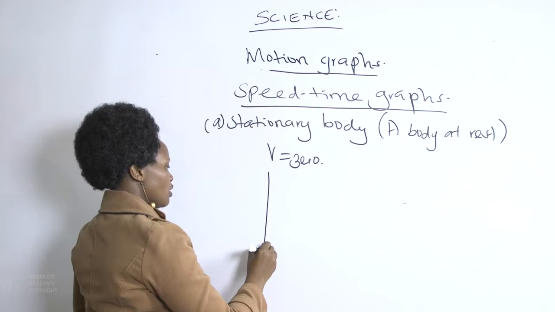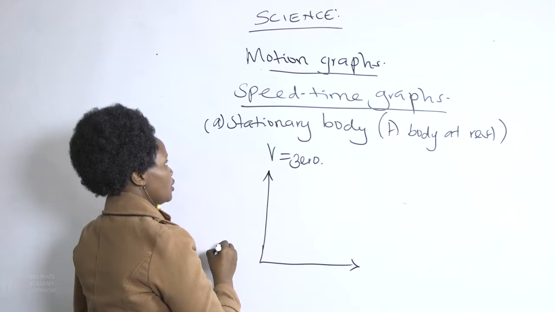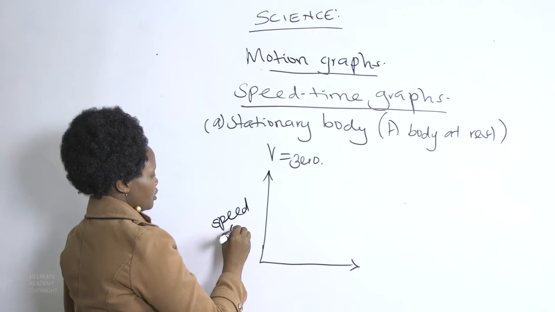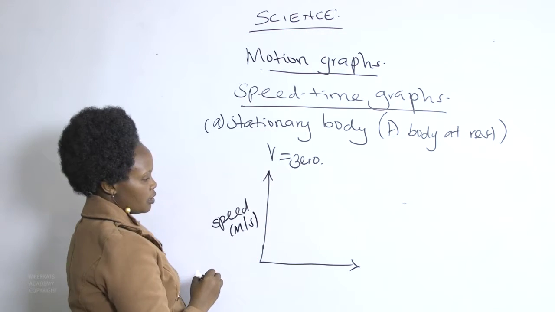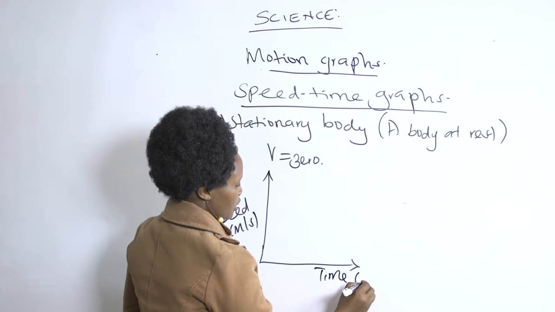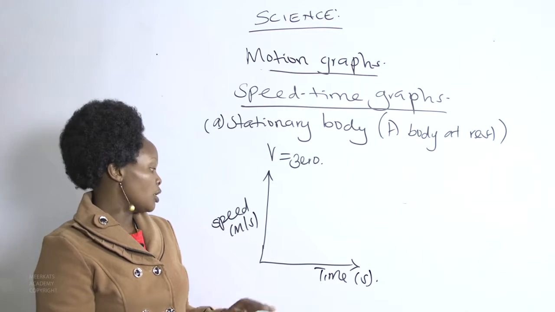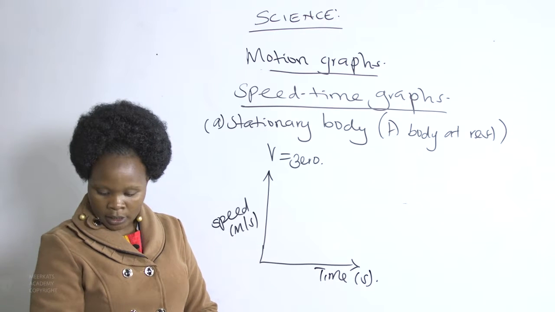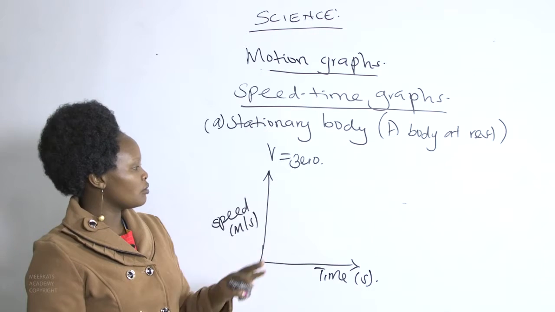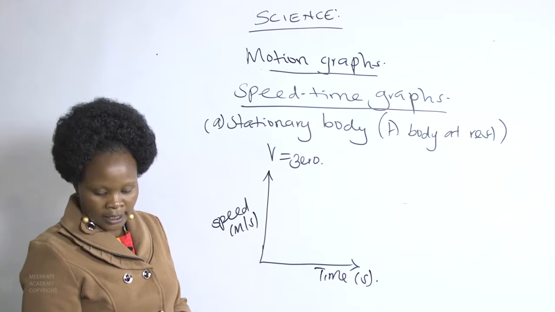Therefore, if we could have a plot of that, where this one is the speed now in meters per second, and this one is the time taken in seconds. Now, we cannot draw anything on that particular grid because we have 0 velocity. So our graph is going to remain like that.